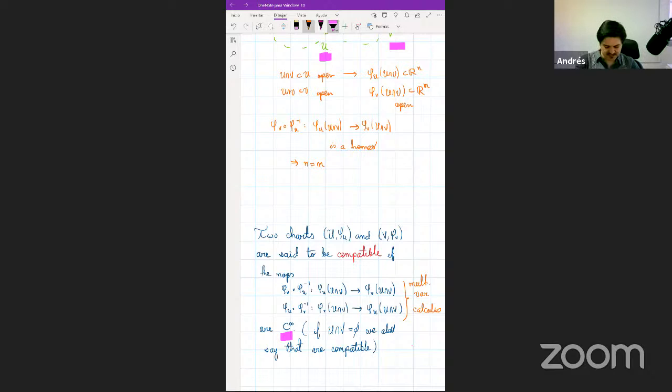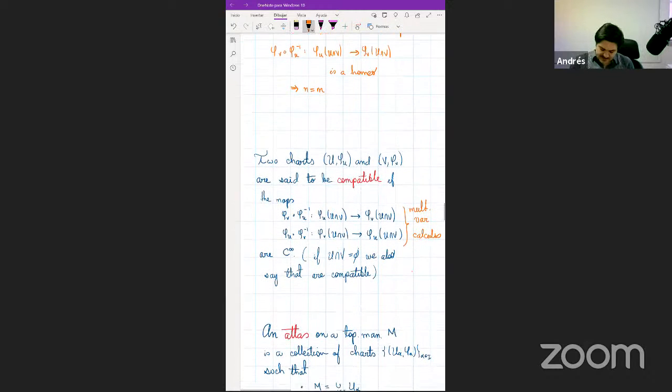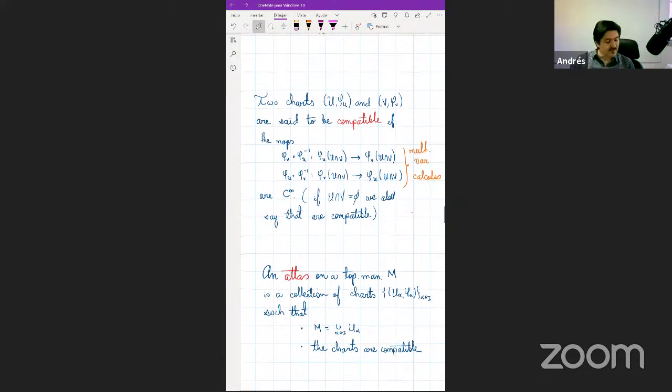Any more questions? Okay, so let's review what we have seen. I have a topological manifold, and then I say what it means for two shards to be compatible. And I require these two functions to be smooth. And then I have my topological manifold.